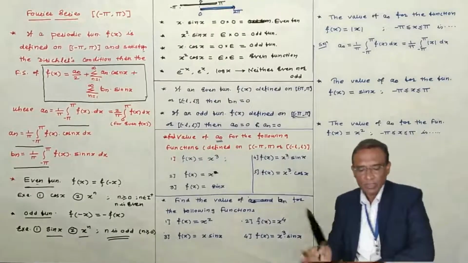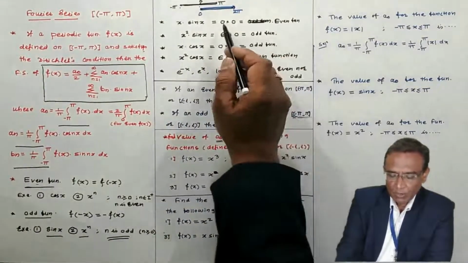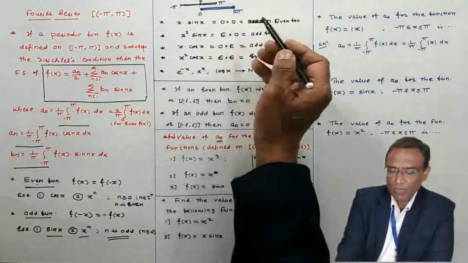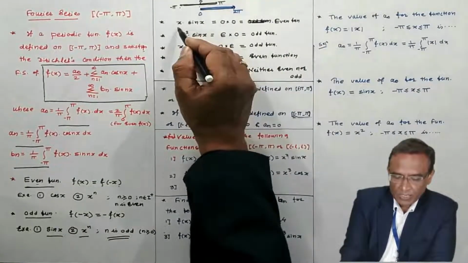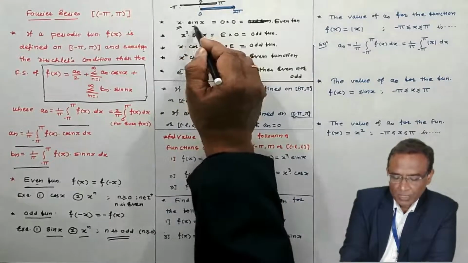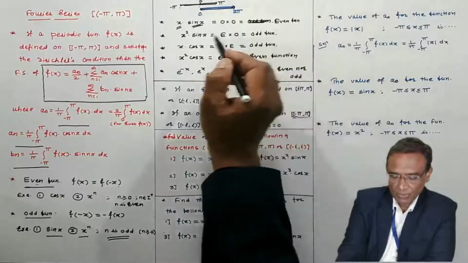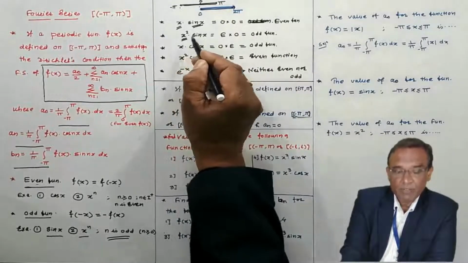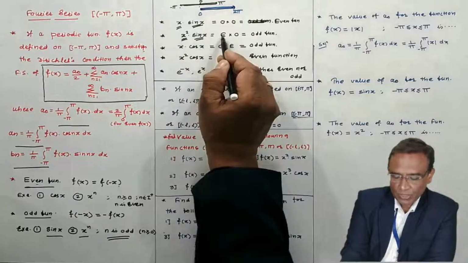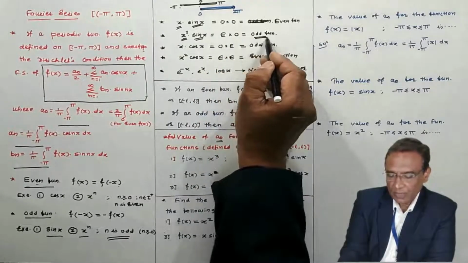One more important thing I tell you. See, odd function multiplied by odd function is even function. x is an odd function, sin x is an odd function. The product of these two odd functions is an even function. This function is even, this function is odd, even into odd you will get an odd function.